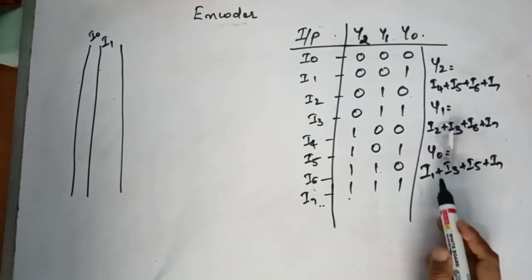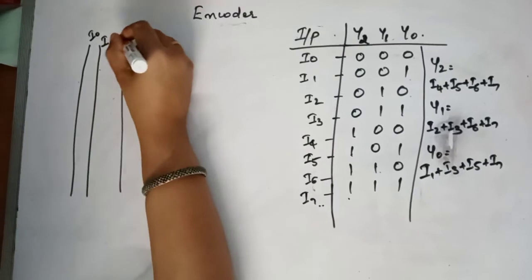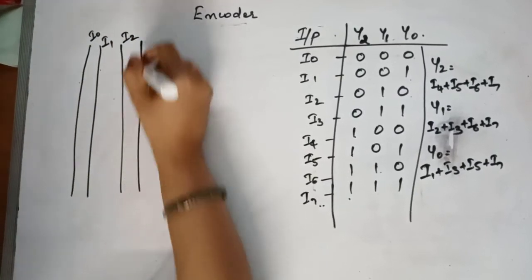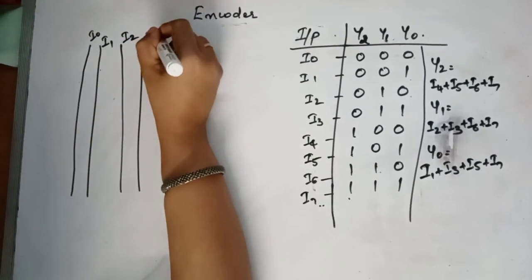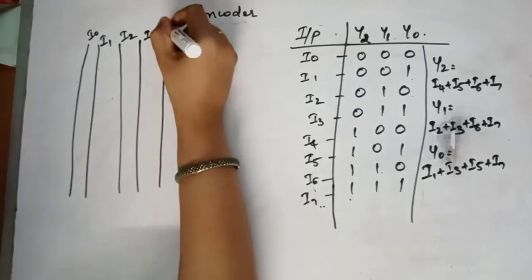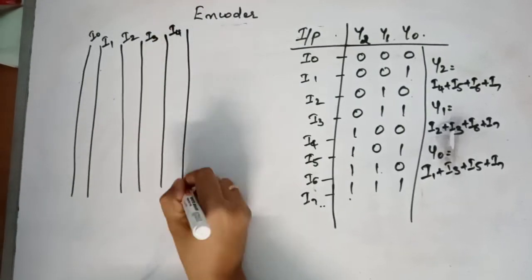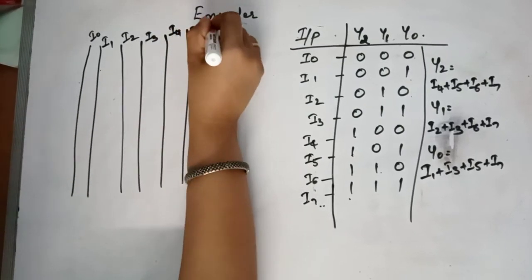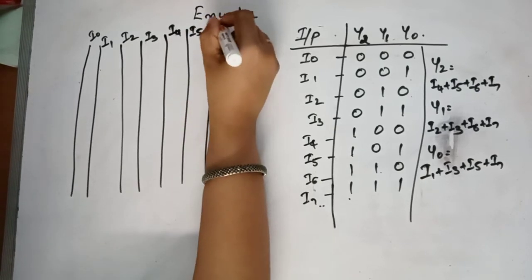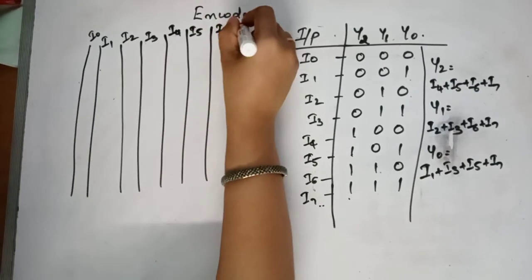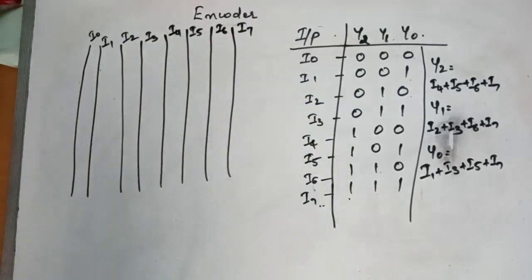So I1, I2 is there, I3 is there, I4, I5, I6, I7.